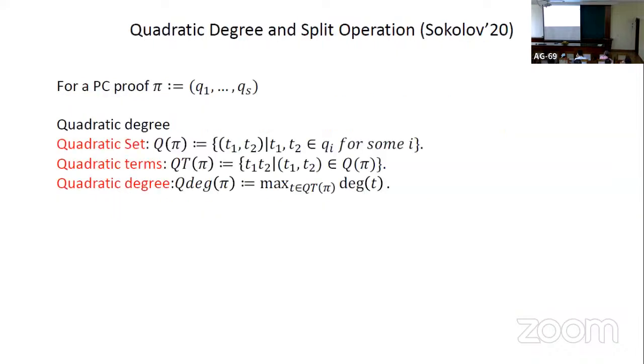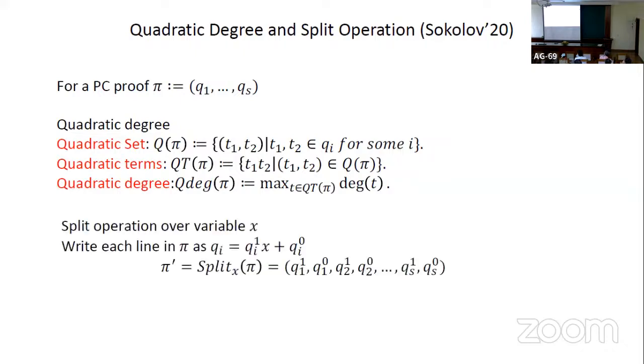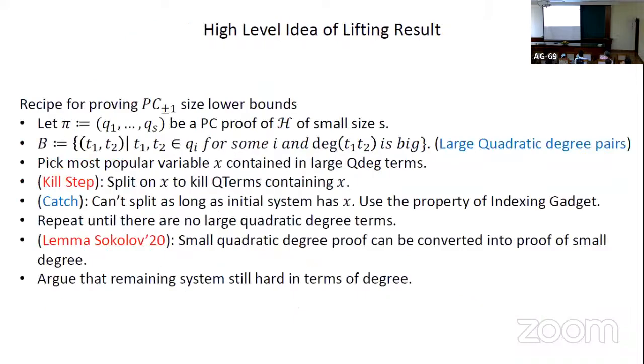Let me not define all these, and directly tell you the high level idea of the lifting result. This is the template which was present even in the 0-1 case. You start with a small size proof over PC plus minus 1.